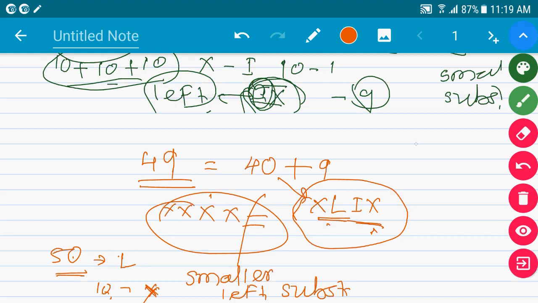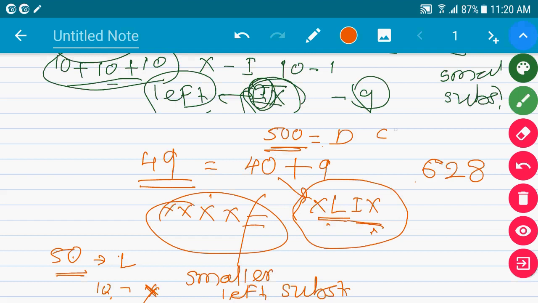Understood? Now if I have to write a 3-digit number, you have only up to the 3-digit number. So if I have to write the number 628, how am I going to write it? For 500, which symbol do I use?